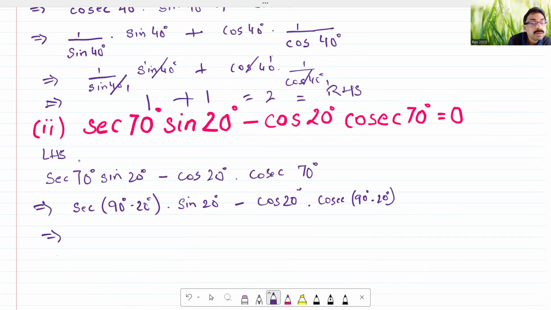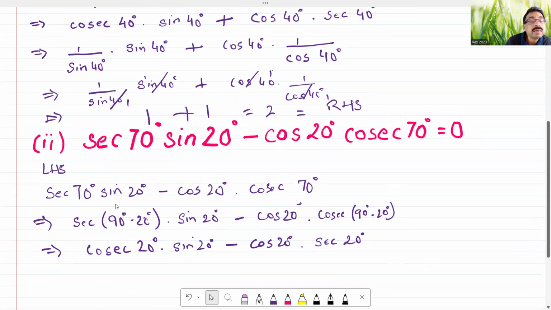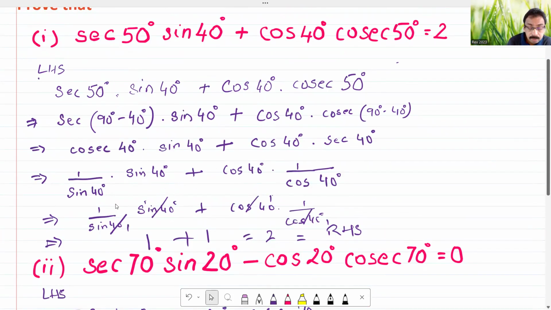So here sec 90 minus theta is cosec theta, so sec 90 minus 20 is cosec 20 degrees into sine 20 already there, minus second term cos 20 degrees into cosec 90 minus 20 is sec 20 degrees.